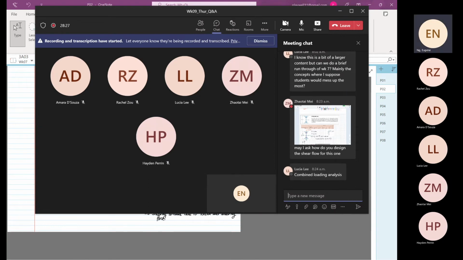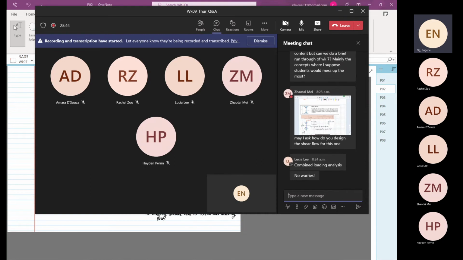But before we do the combined loading, can we address Chow Tai Mei's design of the shear flow? Okay, very quickly. Lucy, I don't mean to put you off, but that one is really, really quick. Chow Tai asks, which homework is that from?